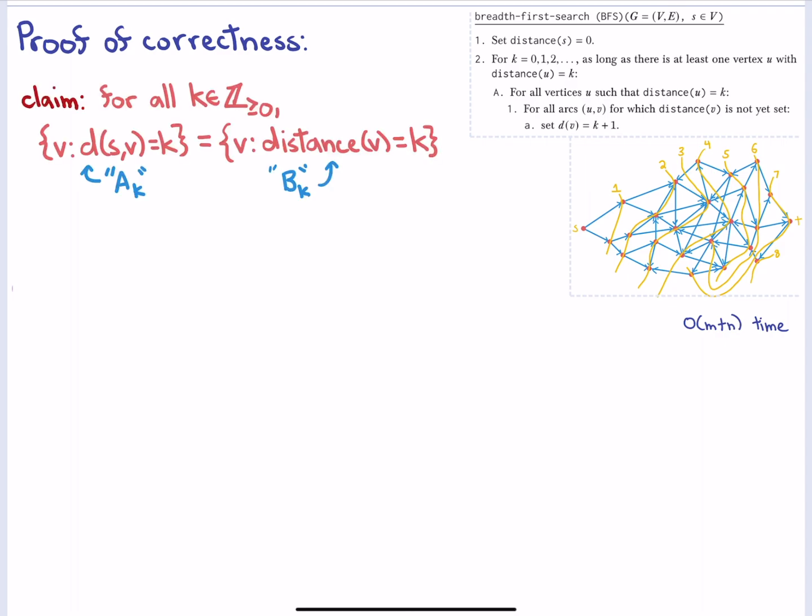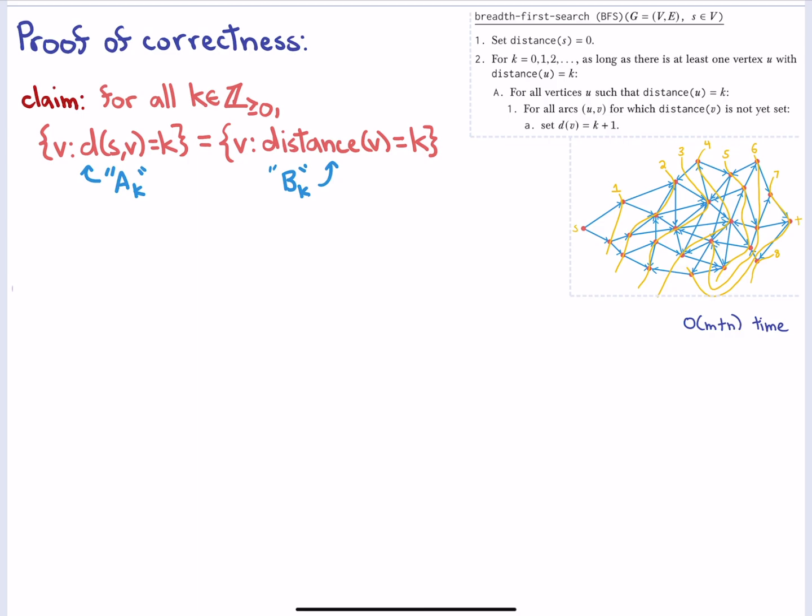Okay, so this is close to the original idea of focusing on the vertices at a particular distance k. Suppose, at some level, there are two kinds of vertices: the vertices that are truly at distance k from S, and the vertices that we label and claim are at distance k from S. So that's two different sets.